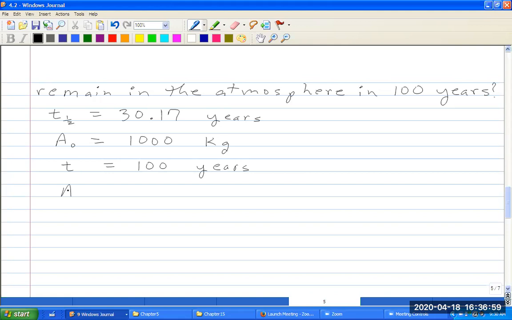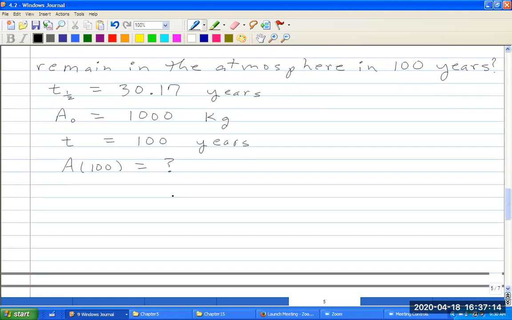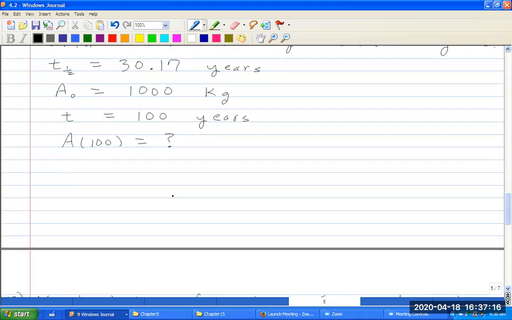So we want to figure out the amount that remains after 100 years. Well, I have that A = A_0 e^(-λt).